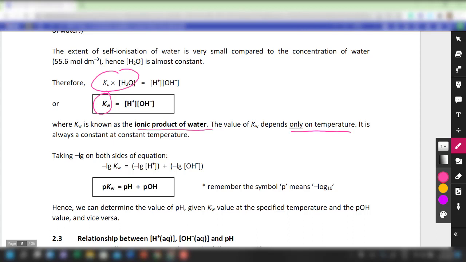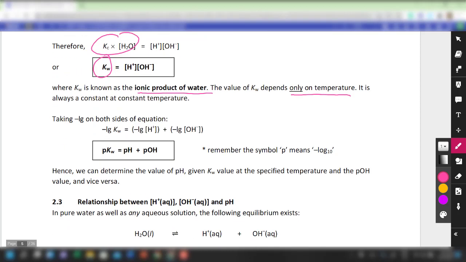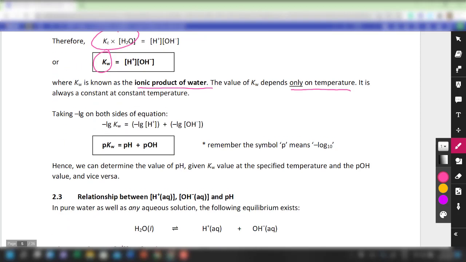Therefore, the higher the temperature, you expect the position of equilibrium to lie more to the right, and therefore you expect the value of Kw to increase as well. Okay, so there is a need for you to do some very simple manipulation. Again, please do not commit to memory, because if you try to commit to memory, then you realize that the learning of this topic is no longer interesting.